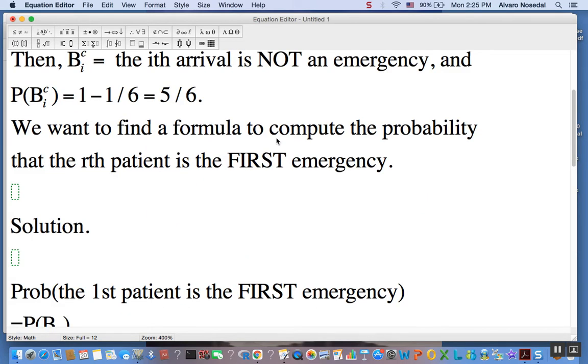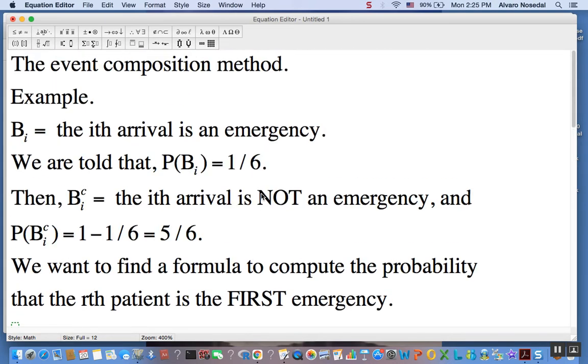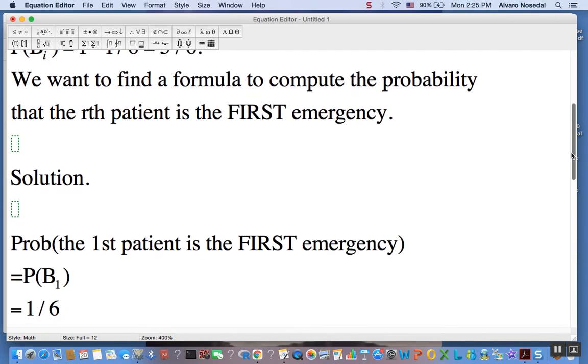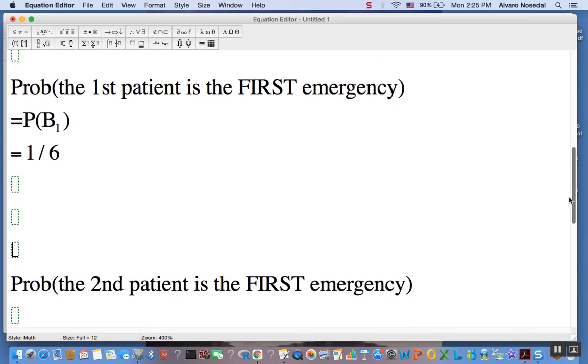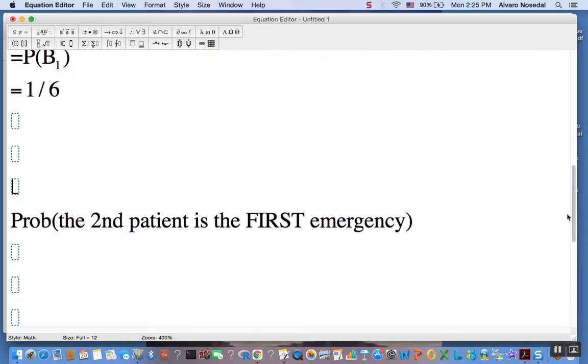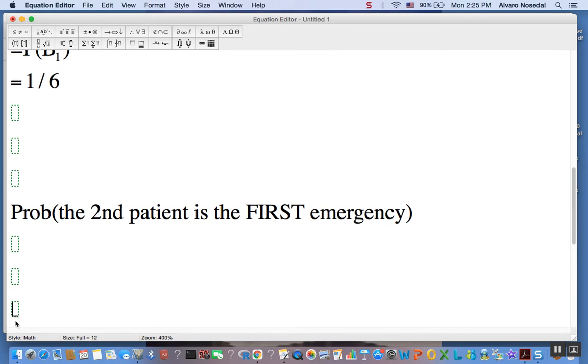So again, we're using those B_i's as building blocks. So this event is equivalent to B1 complement intersection B2.